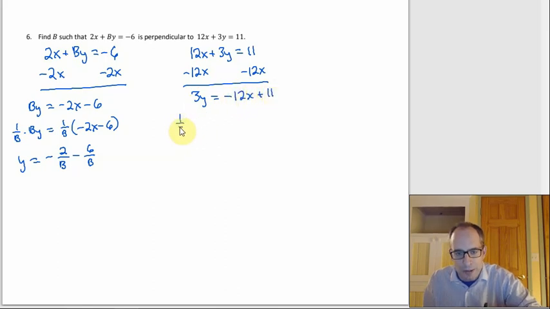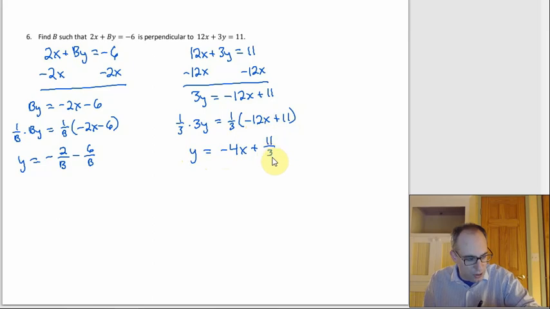And then we're going to multiply both sides by 1/3, or if you like, divide both sides by 3. I'm doing it by multiplying both sides by 1/3. And then we're going to get y by itself on the left. On the right, 1/3 times negative 12 is negative 4. So we're going to have negative 4x and then plus 11/3.